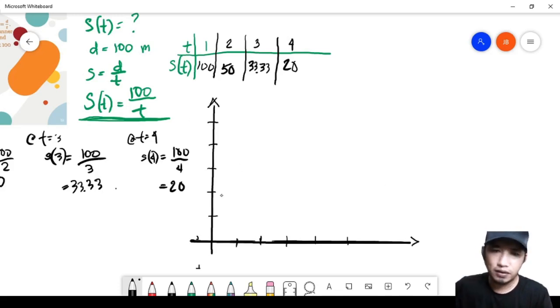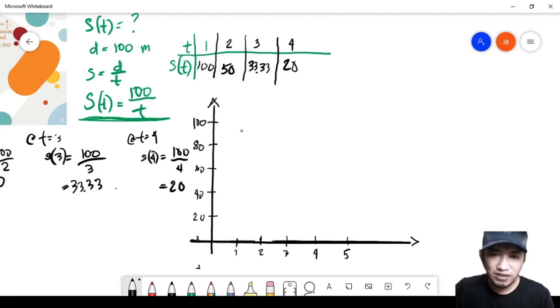Continuous din yan. So this is 1, 2, 3, 4, and 5. Ito naman ay 20, 40, 60, 80, and 100.